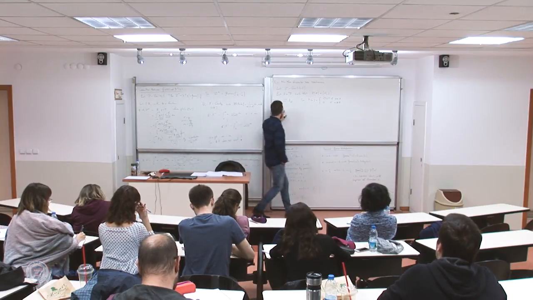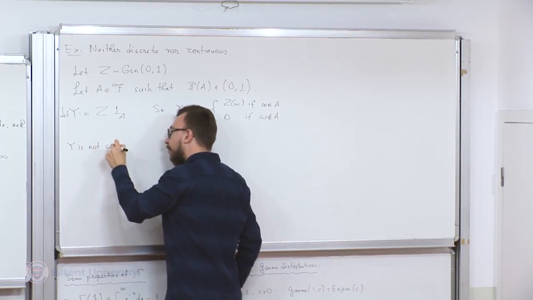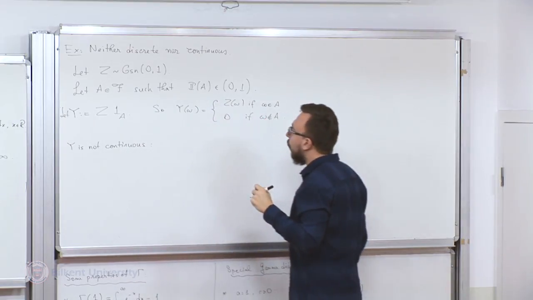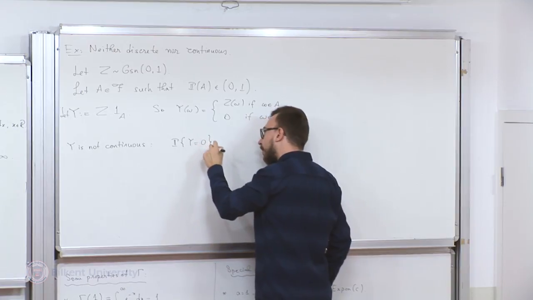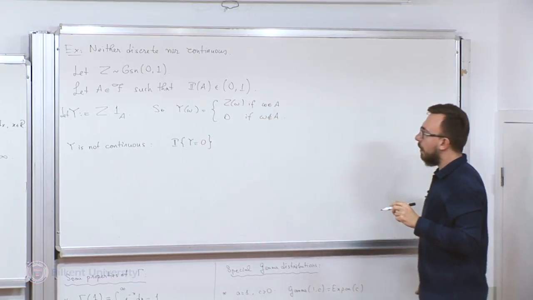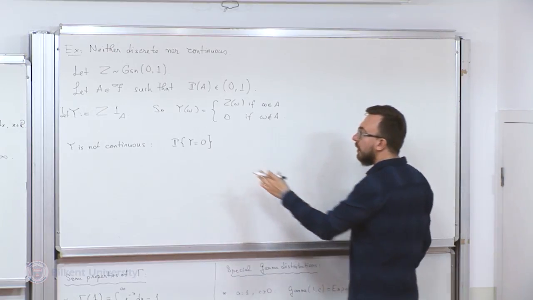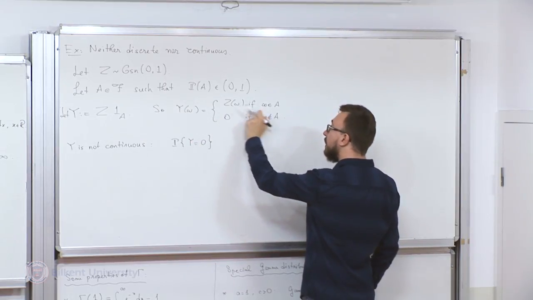First of all, let's show Y is not continuous. If you look at the probability that Y equals 0, this 0 can come from this part or from this part.